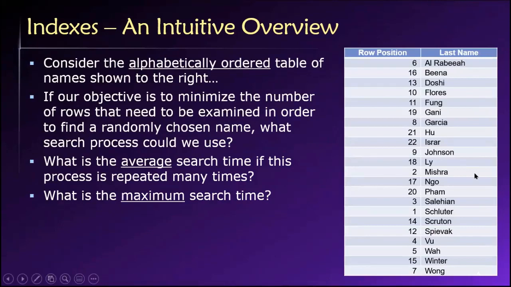Oftentimes there can be repeated values in a table. Maybe I have a reasonably large company, and I find that I have some people that have the same last name. So what effect does indexing have in that scenario?